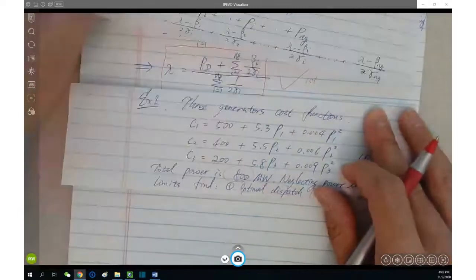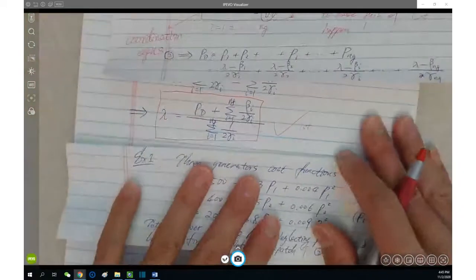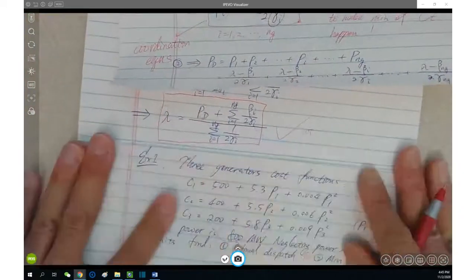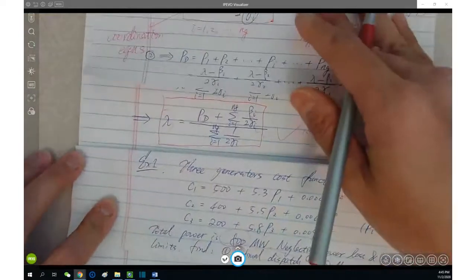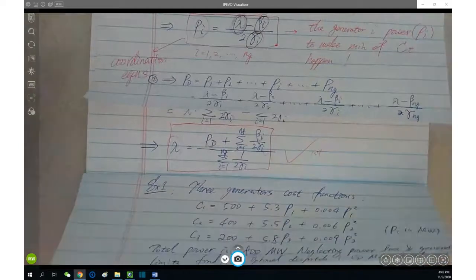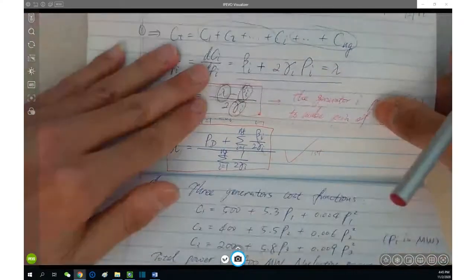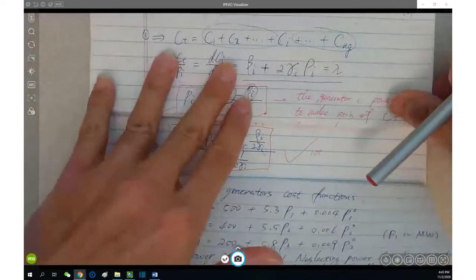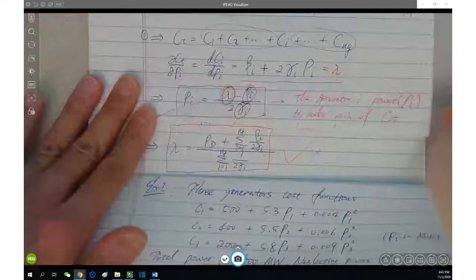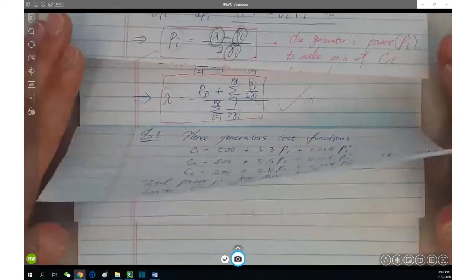And this is the PI formula. Well, this is the best I can do for you.